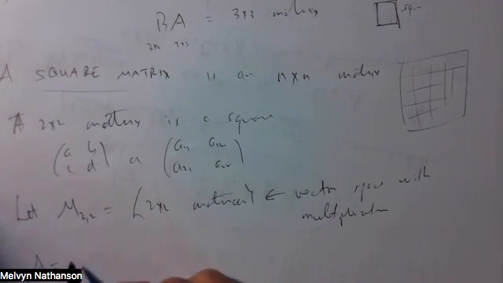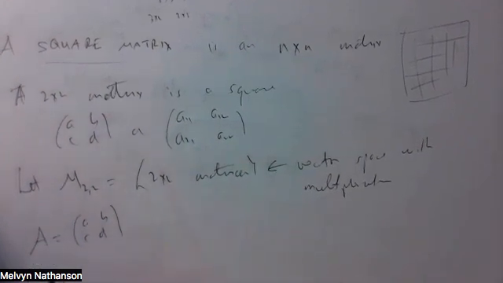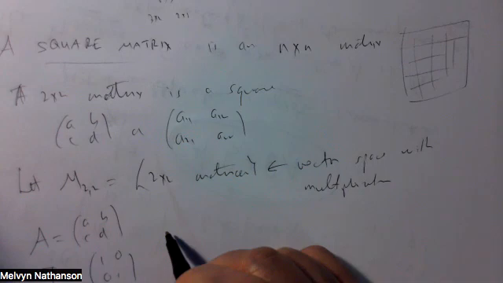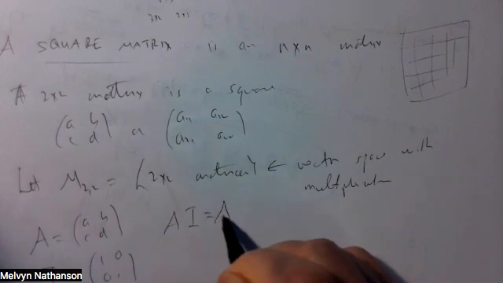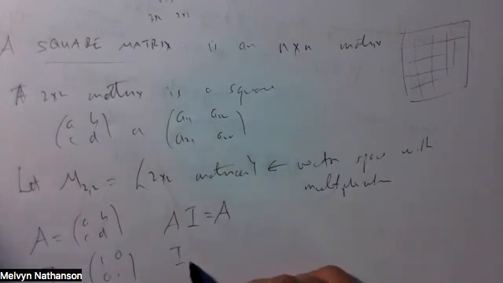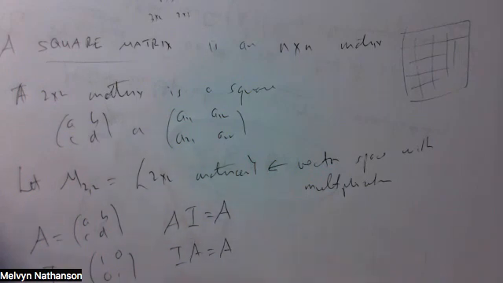And if you take any matrix A, B, C, D, and you take what's called the identity matrix, 1, 0, 0, 1, A times I is always A, and I times A is always A. So this matrix is like the number 1. It's a multiplicative identity. And in fact, it's called the identity matrix.